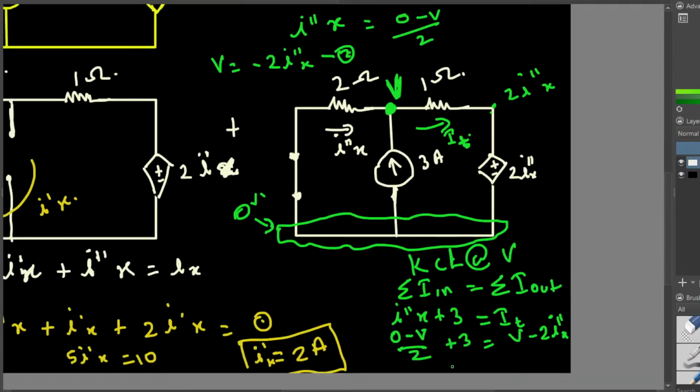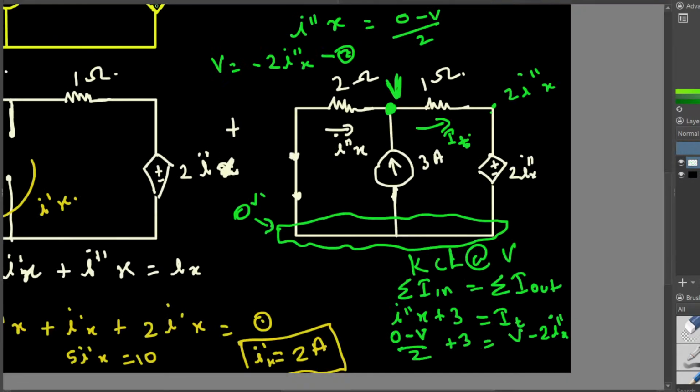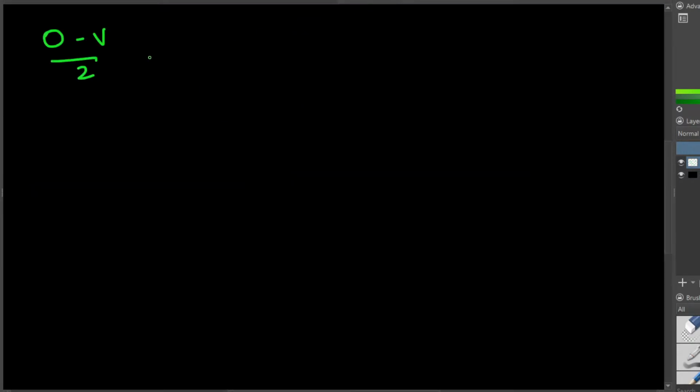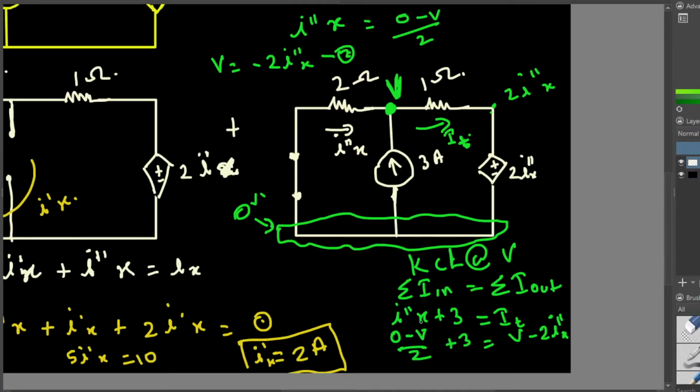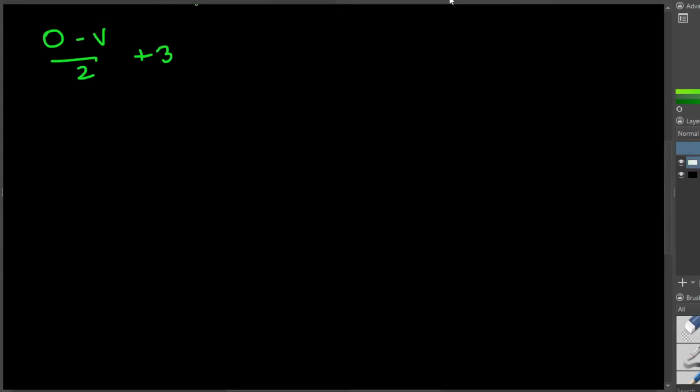Okay, let me rewrite this equation. 0 minus v divided by 2, and then plus 3, and then we have v minus 2, that's equal to v minus 2 I double prime x. Okay, let's multiply the whole thing by 2.